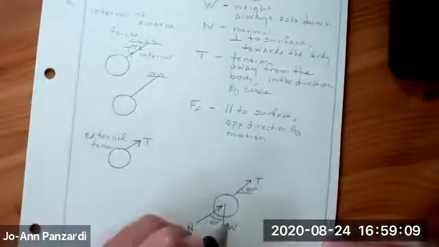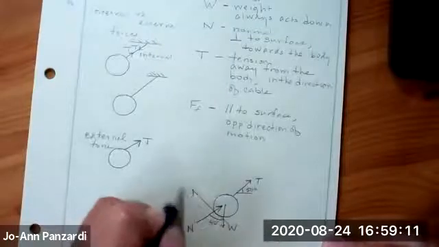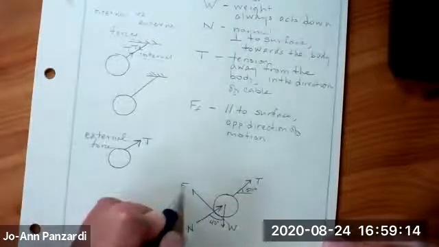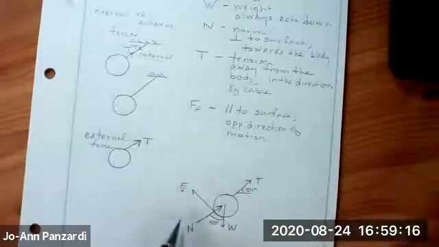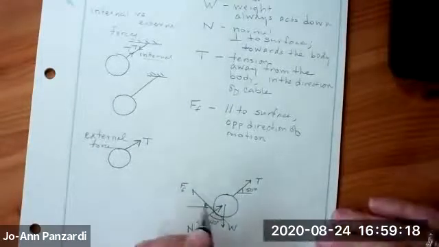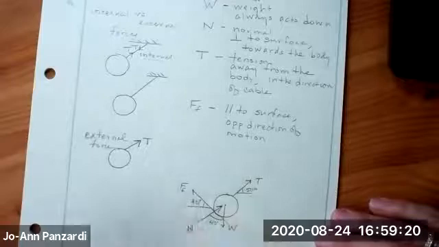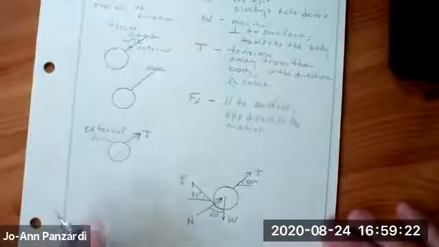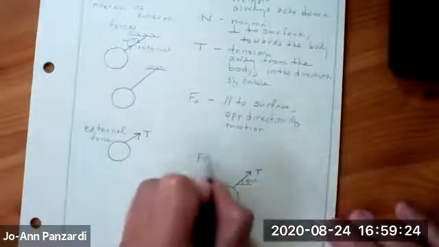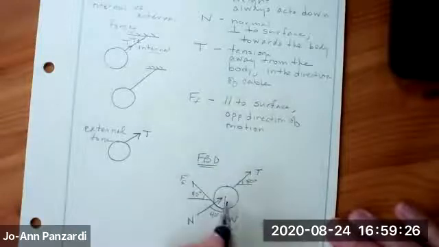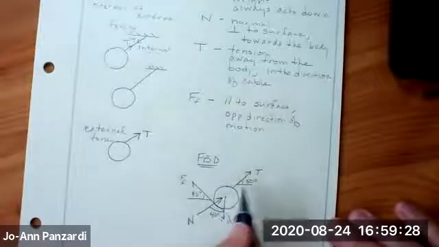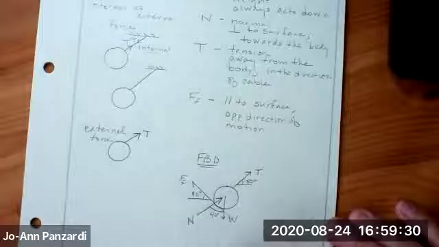And then I'm going to draw my frictional force. And this one is up at a 40-degree angle. Okay. This is a true free body diagram. You chose the body you want to analyze and you drew all the forces on that body.